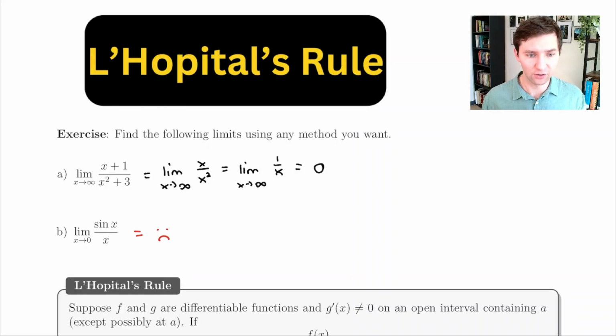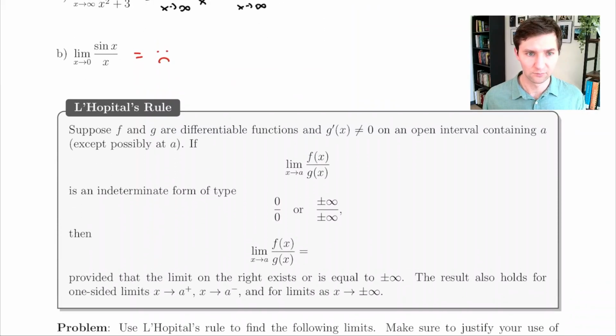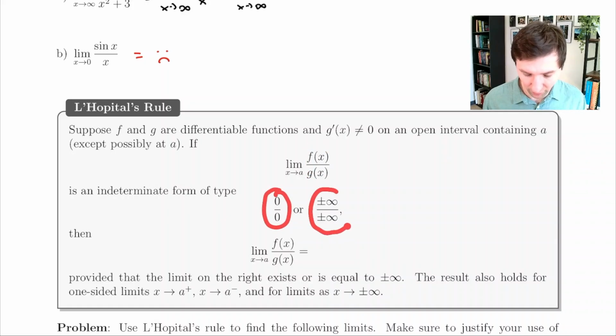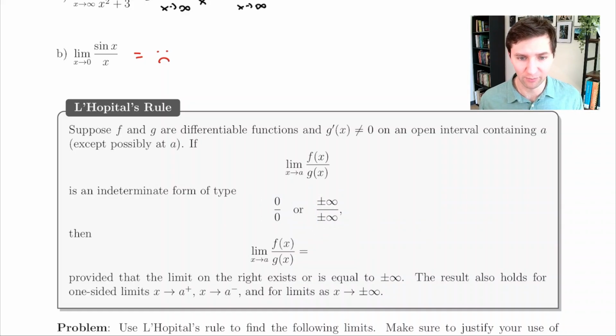This new method is called L'Hopital's rule. L'Hopital's rule says that if we are given two functions, f and g, both of them differentiable, and there is some technical requirement that the derivative of g is not 0 near a, and if we want to compute the limit of f of x divided by g of x, and that limit is of the form 0 divided by 0 or plus or minus infinity divided by plus or minus infinity, then to compute the limit, I can instead compute a different limit.